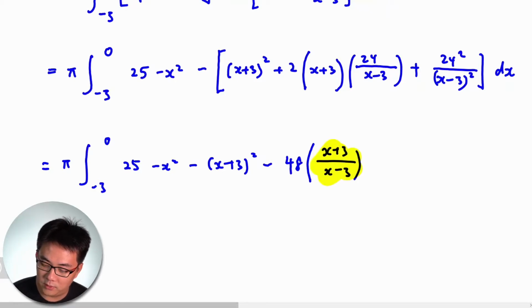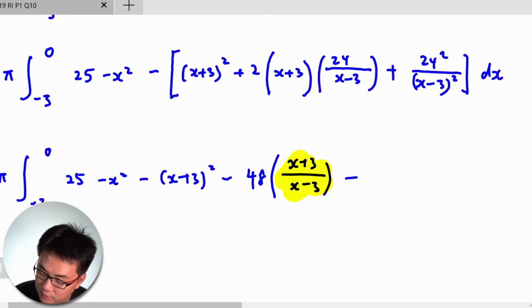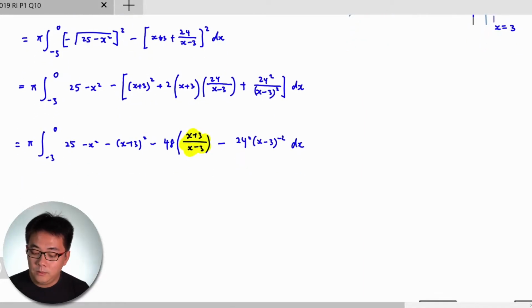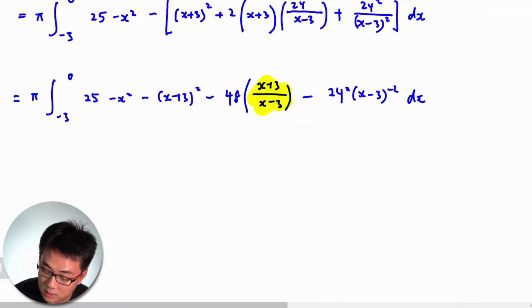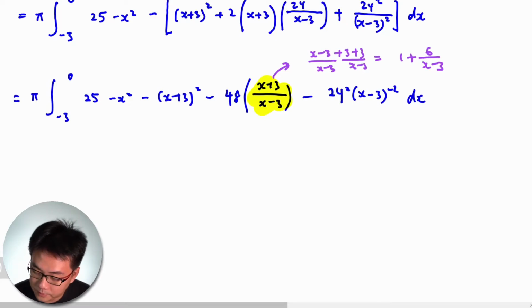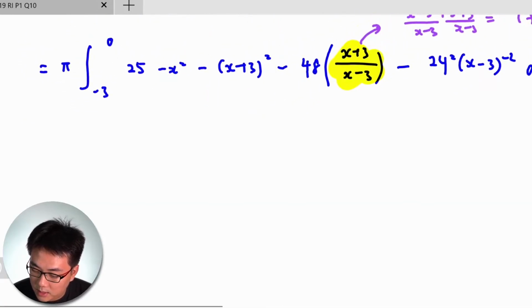Then after that you have minus 24 squared. I'm leaving it as a square because I do not want to deal with a very big number. The only problem now is the middle one, which you need to do a long division for, or you could use a juggling method: x minus 3 plus 3 plus 3 over x minus 3, which is 1 plus 6 over x minus 3. Long division or just juggling.